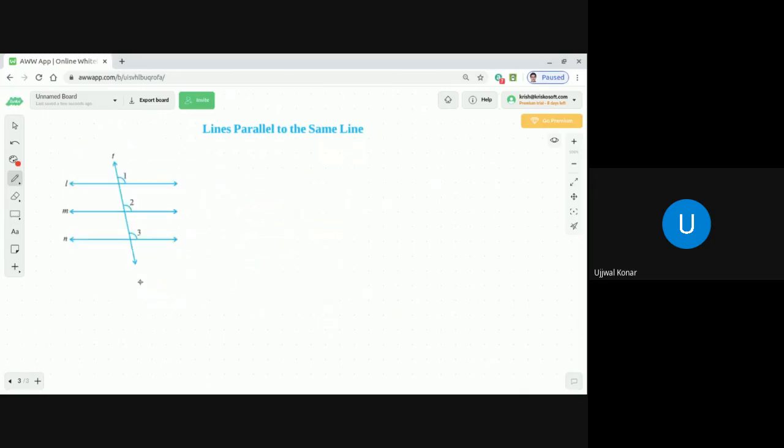Look into this diagram, dear students, as you see in front of your screen.